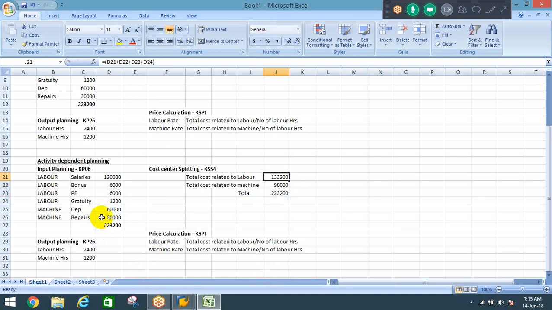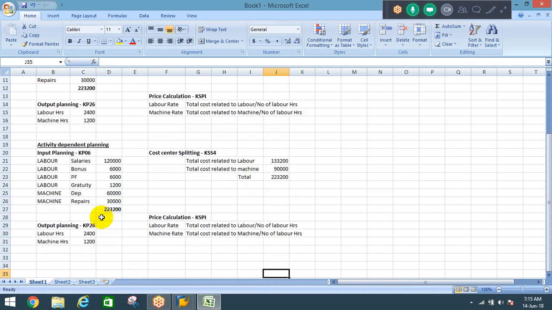This splitting will happen for each activity type. And when we do the KSPI, total cost is divided by number of labor hours, and machine cost is divided by machine hours.